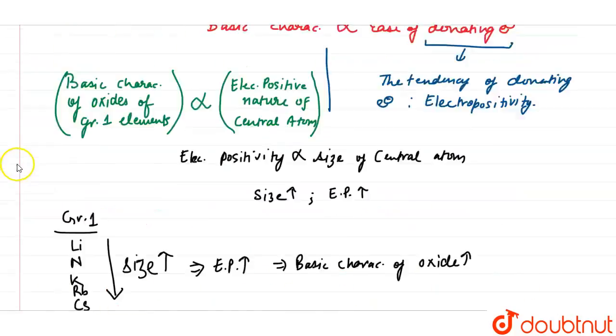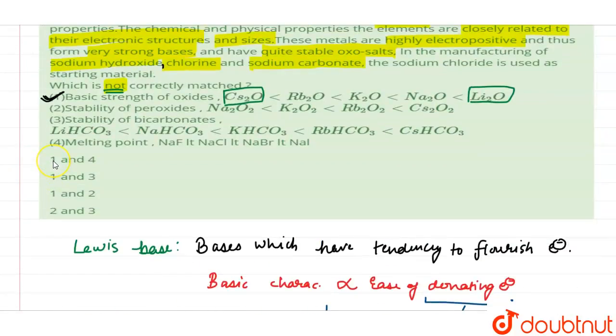So in case of these peroxides, if we look carefully, then we have sodium, potassium, rubidium, and cesium. And we know that cesium has the largest cationic size and sodium has the smallest cationic size, and O2 minus, that is the peroxide ion itself, is a large anion.